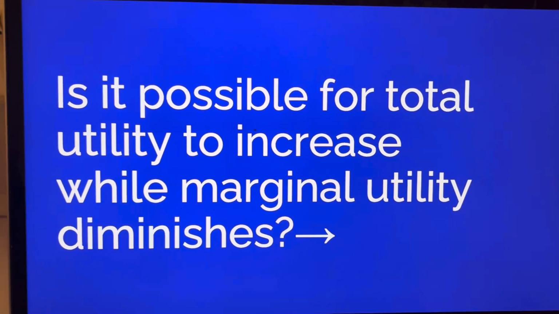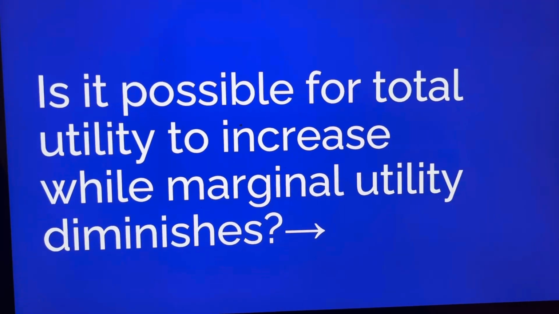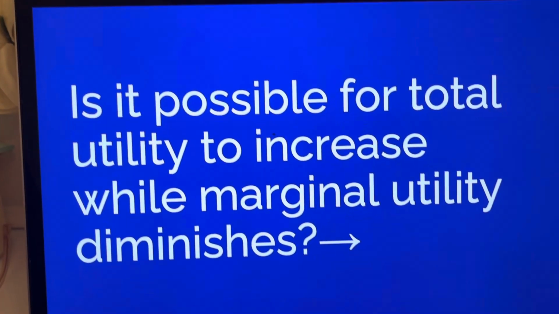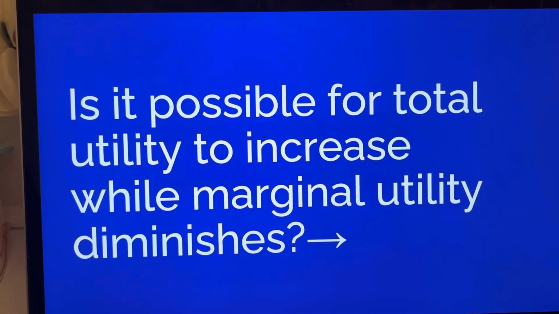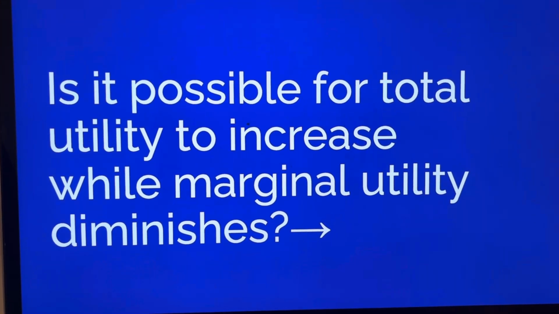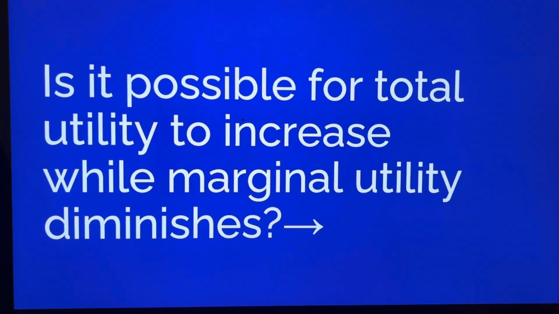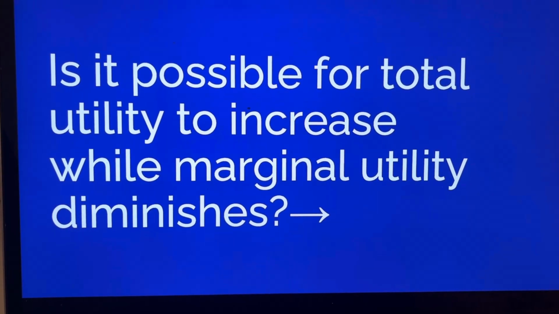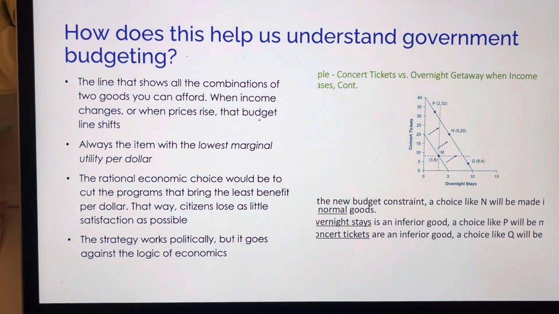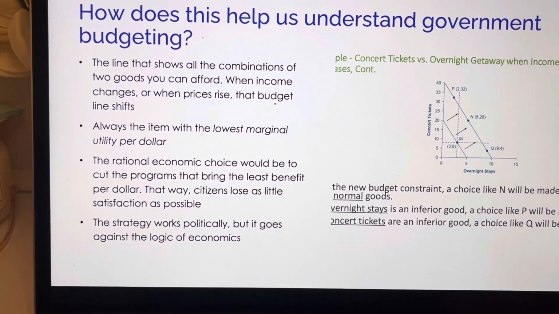Alright class, let's connect what we just learned about consumer choice and marginal utility to two real-world scenarios, government budgeting and personal consumption choices. So, the second question, is it possible for total utility to increase while marginal utility diminishes? Well, let's see. We start with the Washington Monument example.